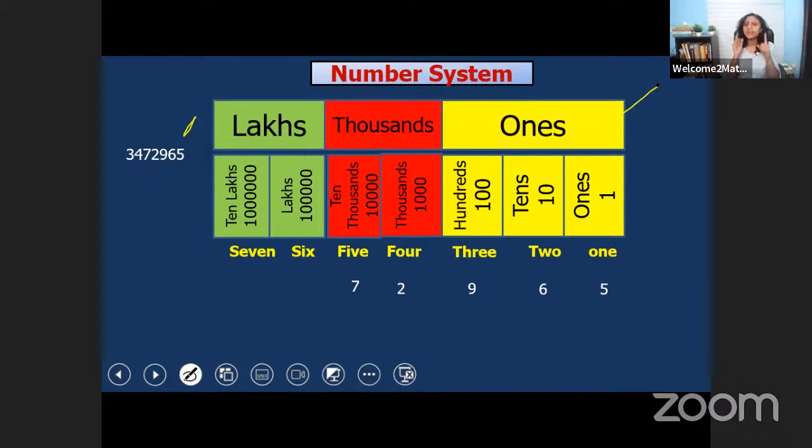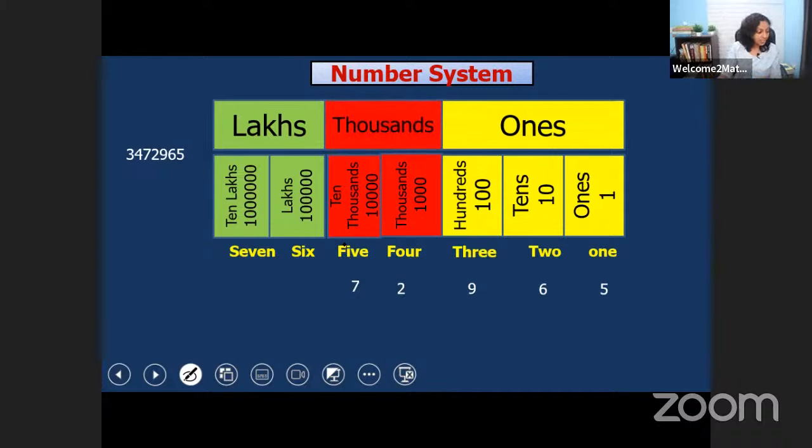That means whenever you have a 5-digit number, you write from the ten thousands place. You see 72,965. These 2 places, thousands place and ten thousands place, make the thousands period. Got it?